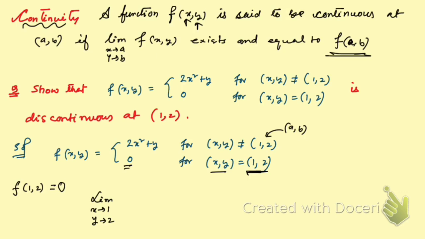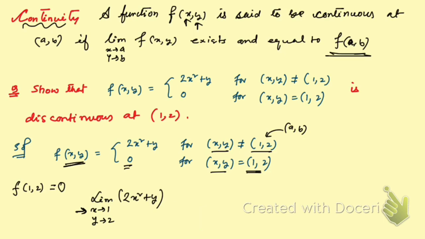So here we are going to use the expression 2x square plus y for this function, because for (x, y) not equal to (1, 2), f of (x, y) is this. As x tends to 1, x is not equal to 1, it approaches 1. I hope you have understood this.